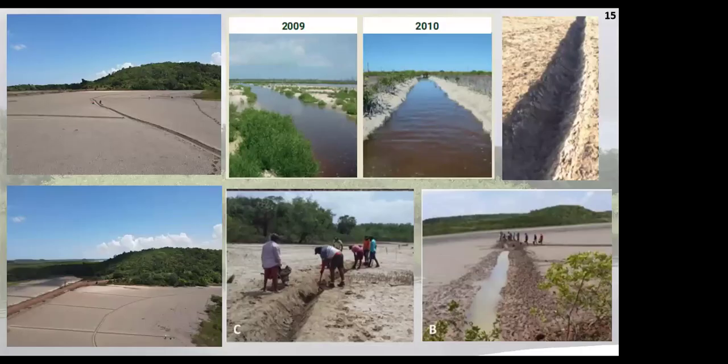So let's see some pictures of hydrological restorations. We have been working in the Northeast. These are images of different hydrological restoration works. On the left, you see extensive areas in the north of Brazil.